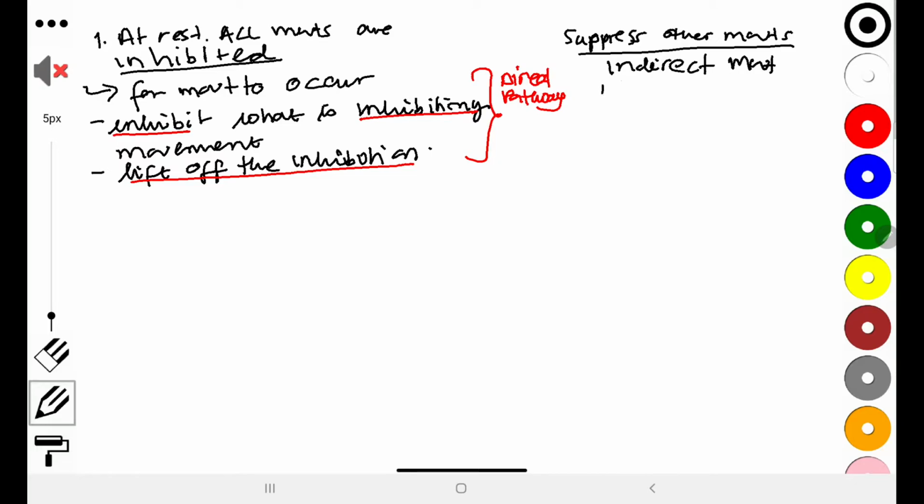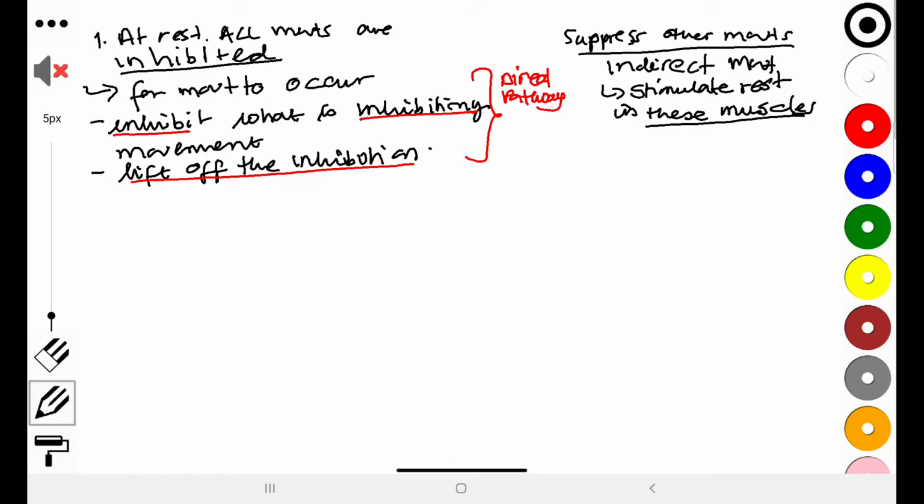Alright, so in this case, you are stimulating rest in these muscles, so to speak. Alright, awesome. So that's what it's all about. It's about lifting off the inhibition so that something can occur. And for those movements that you don't want to occur, you want to stimulate a state of rest.